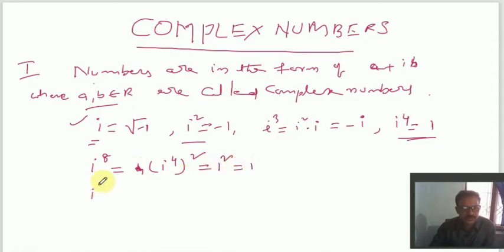In the same manner, i power 12 is 1, i power 16 is 1. i power any number which is a multiple of 4 is always equal to 1.